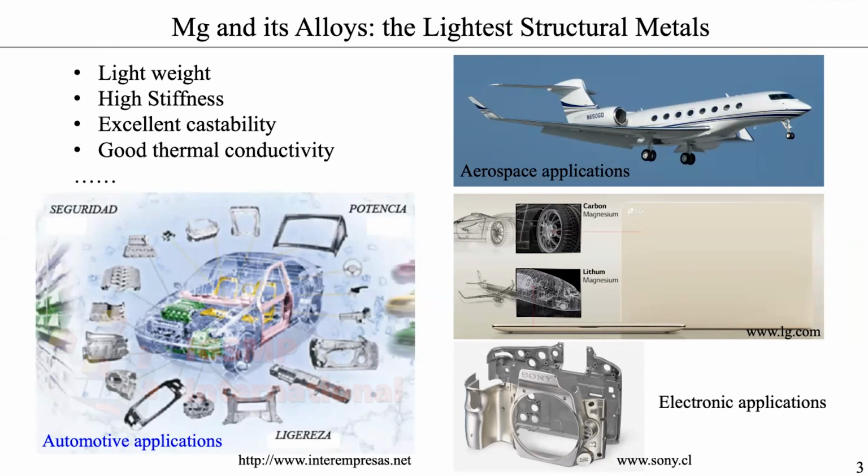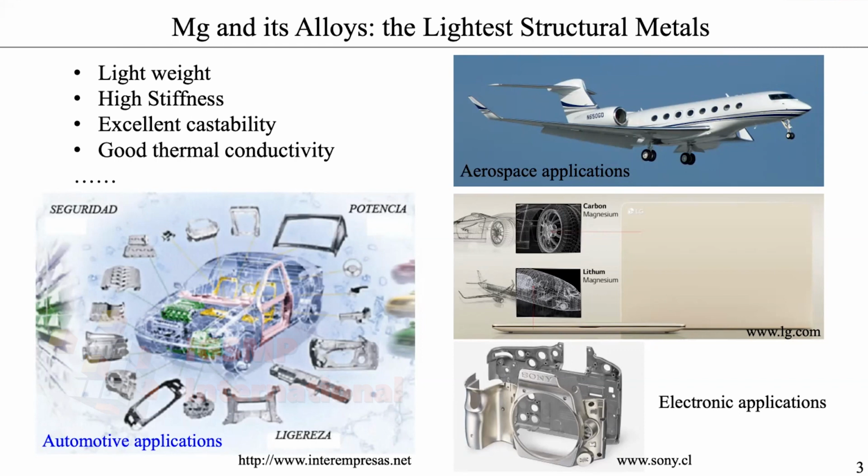But it has a big problem with its mechanical properties, which are still comparatively poor, and that limits its applications. On the other hand, magnesium is also the richest element, which means if we can utilize magnesium, we will have many more materials to work with and never run out of it. So that's another attractive point.